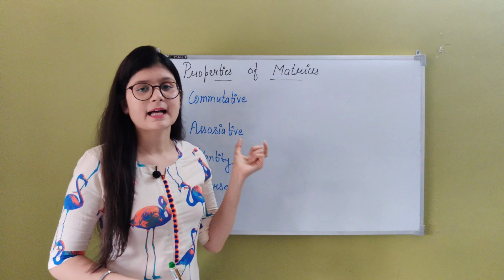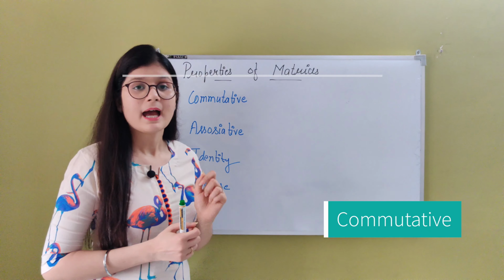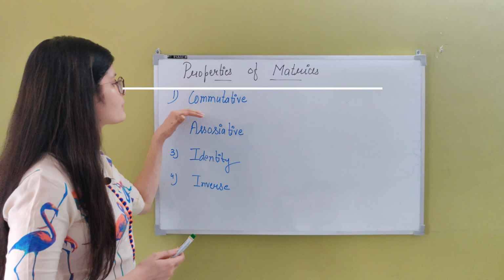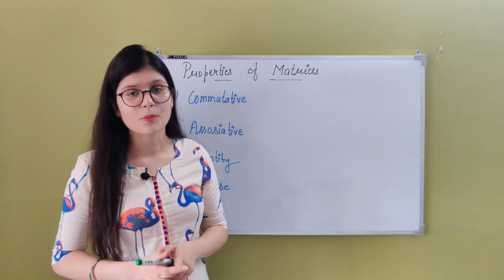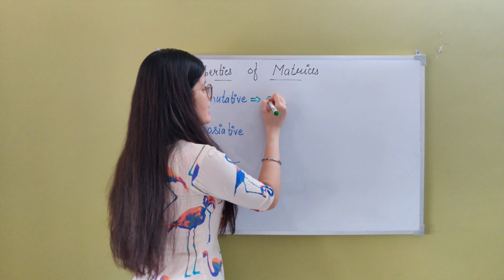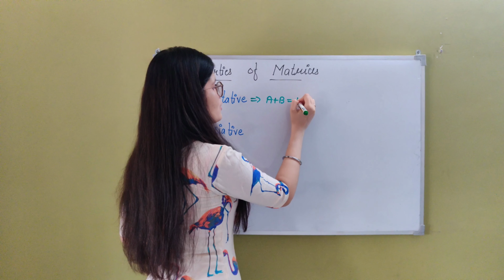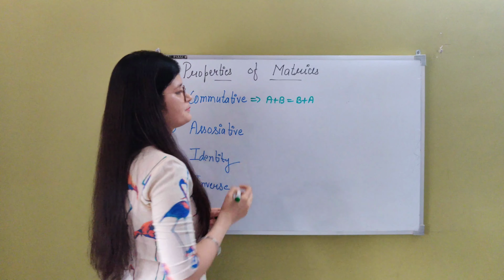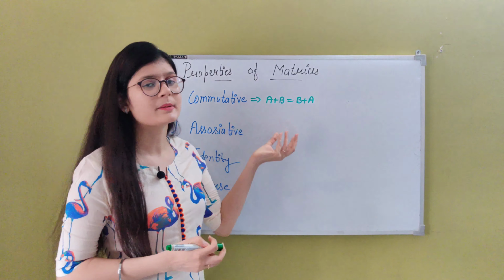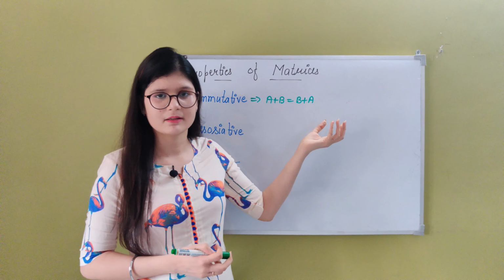The first property is the commutative property, and we are doing it for addition first. So it follows the commutative property. And what is the commutative property? That is a plus b is equal to b plus a. It makes no difference whether you add a to b or b to a.